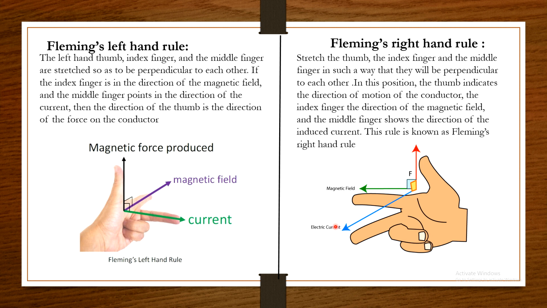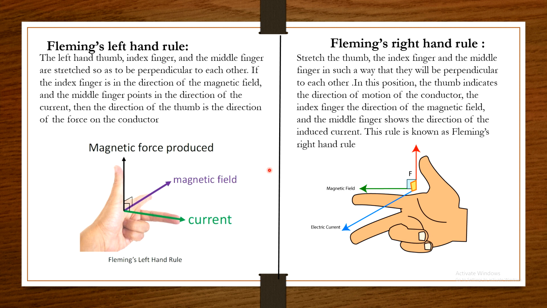This is a right hand rule and we require more energy, more force, to rotate the turbines. This is one trick to understand that Fleming's right hand rule is applied for generators.